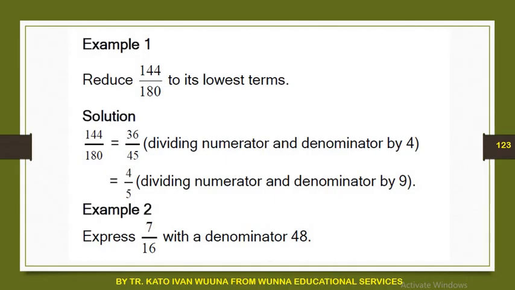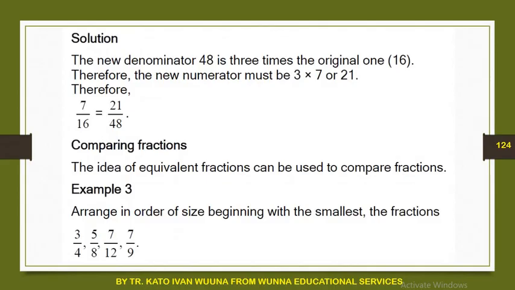Let's see how it was done in our solution to that example 2. Yes, we are told that the new denominator 48 is 3 times the original one, which is 16. How did we get that 3? Remember I told you that get what they want us to get divided by what we currently have. So if you divide 48 by 16, you get 3.